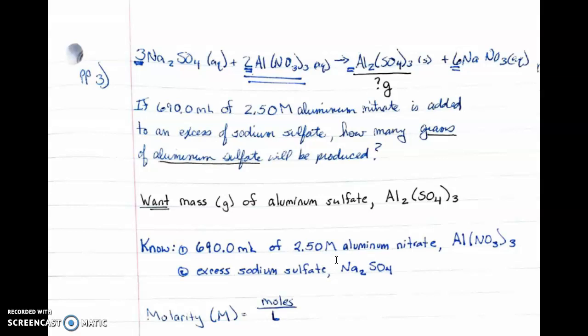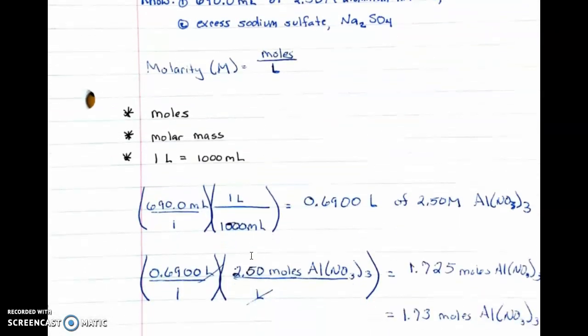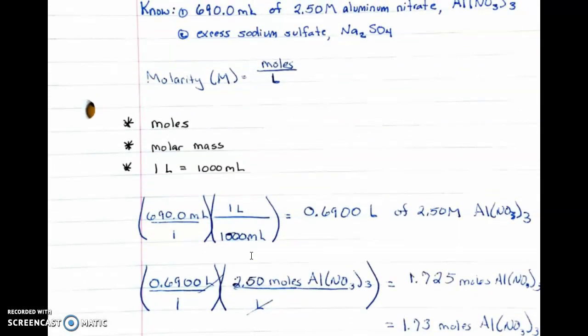We can use this information now to find out how many moles of aluminum nitrate we actually have. But before we can do that, we have to first convert this 690.0 milliliters to liters. Okay. So we want moles. We know that for every 1 liter there are 1,000 milliliters.